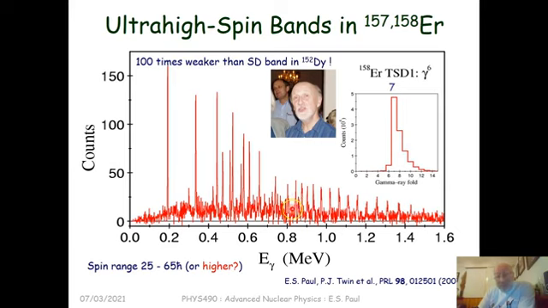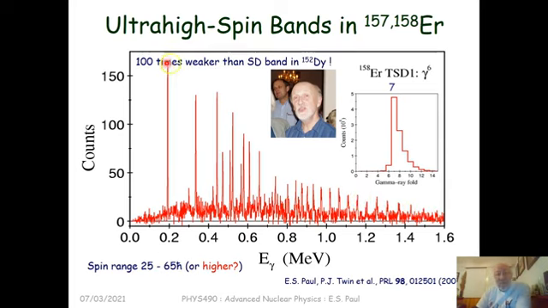And so if the nucleus adopts this really elongated shape with large moments of inertia, it can then just spin up to much higher angular momentum values here. In fact, we think this probably goes up to about spin 65 or even higher, maybe 70. So this is going way beyond the band termination, which we mentioned 46 plus was the typical value. So now we can sort of bypass the band termination if the nucleus adopts this shape.